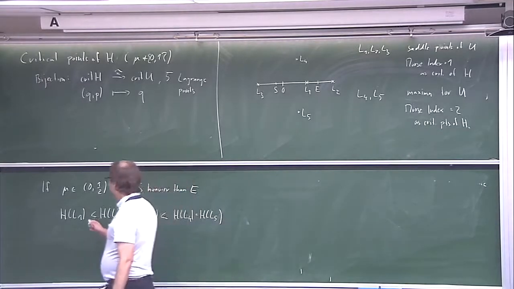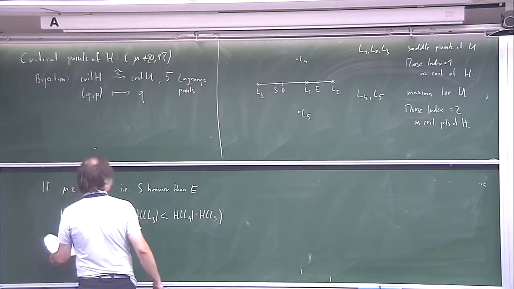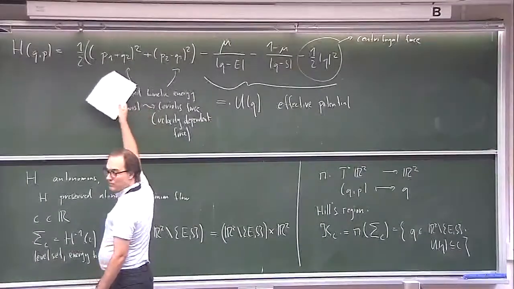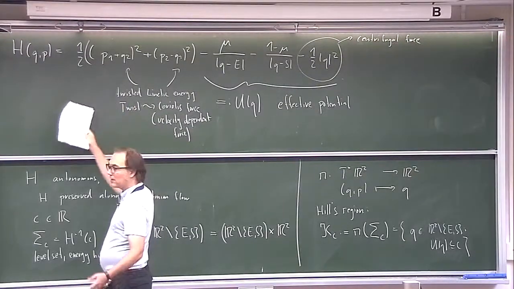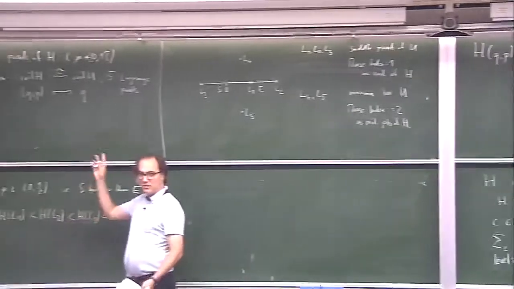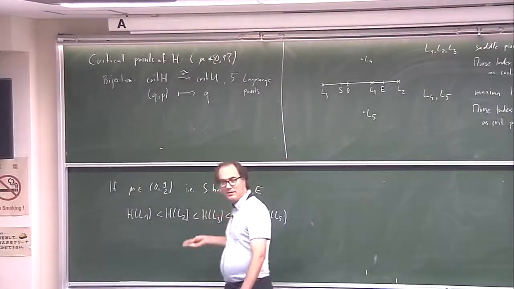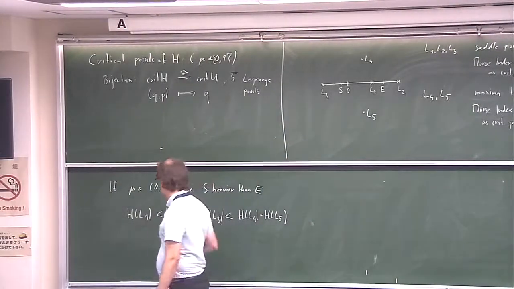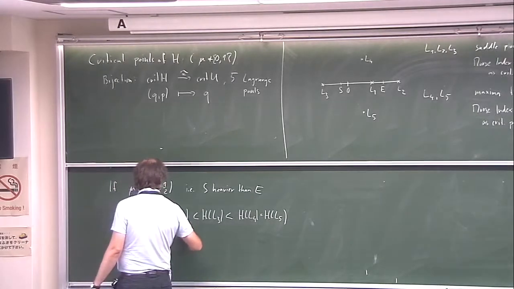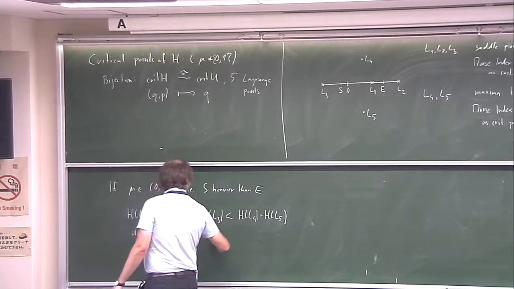And because this term at the critical point is just 0, you can also interpret H(L1) as U(L1), shifting between the interpretations of critical points of H and critical points of U. This is also U(L1), U(L2), U(L3).